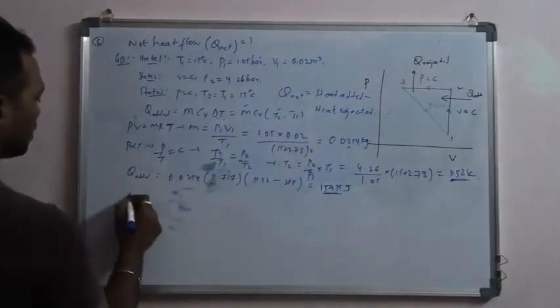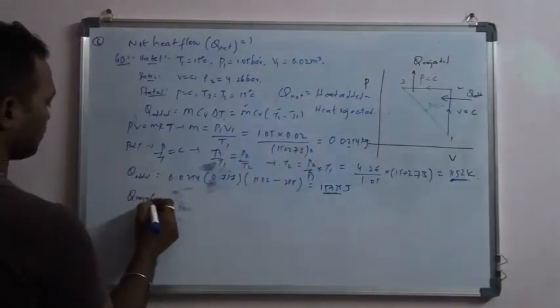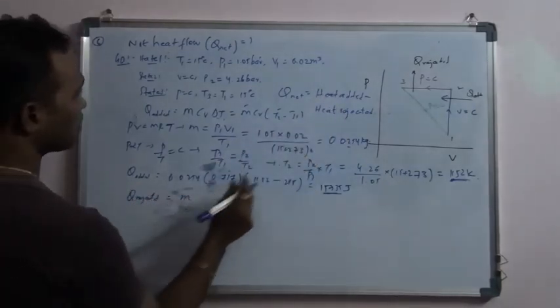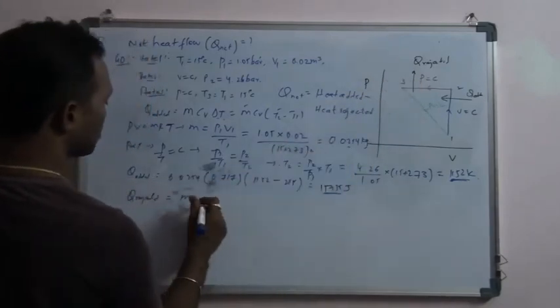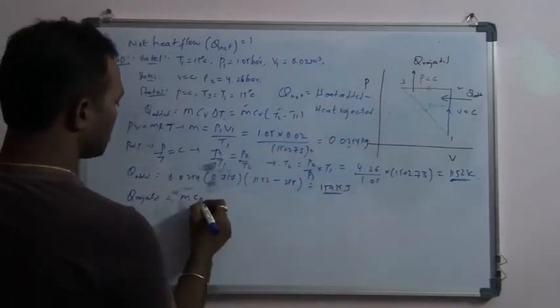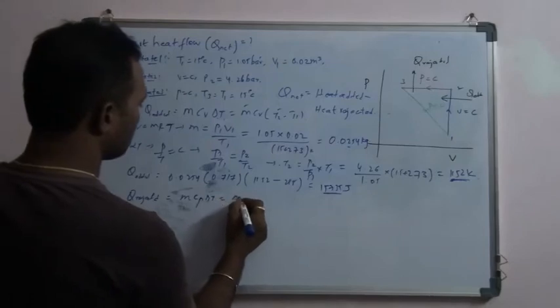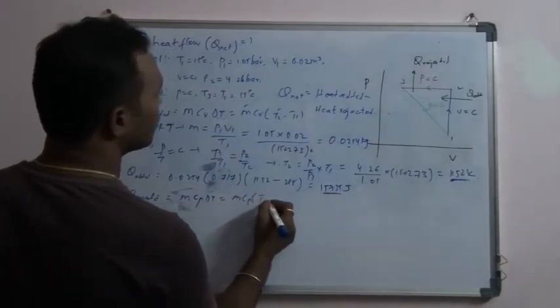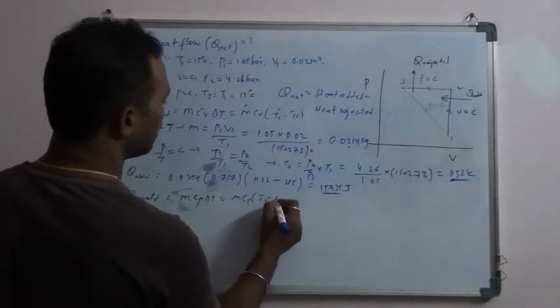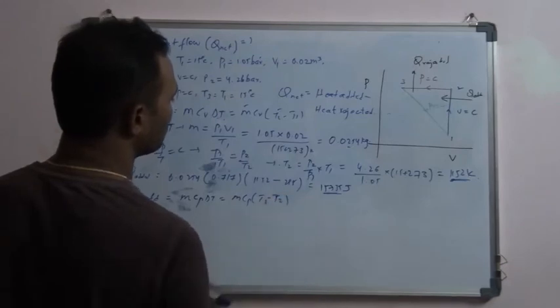Next, Q rejected, which is at the constant pressure process. So it is m Cp delta T, m into Cp into T3 minus T2.